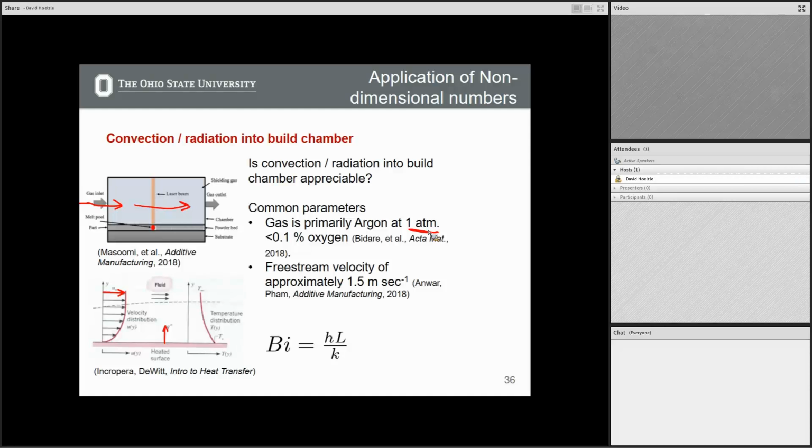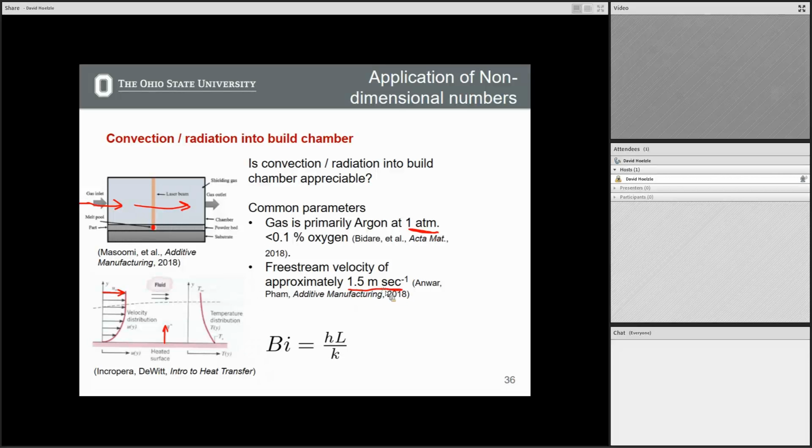They do their best to get oxygen and anything else that's normally in the air out of it, but you can't completely do this. Less than 0.1% oxygen is usually the threshold they shoot for.